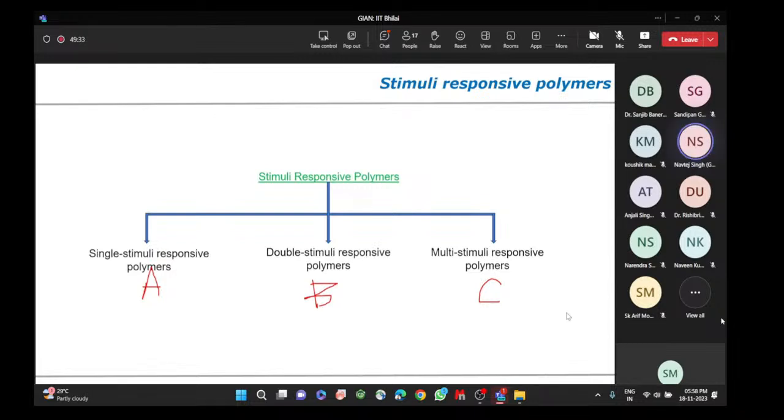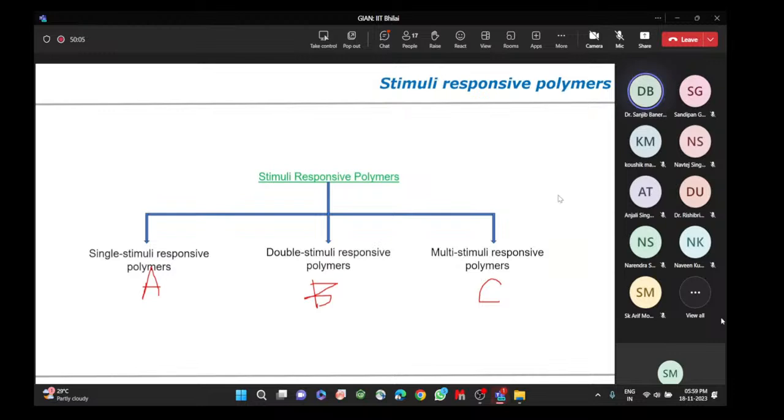Like if we need to use that polymer at high temperature, and also it should be water insoluble, and also according to the pH, the polymer material should be responsive to more than one stimuli. If we use A or B, then it could either be temperature stimulus or water insoluble, but we can't achieve the other properties. For better polymer products, we should have multi-stimuli responsive polymers, I guess.